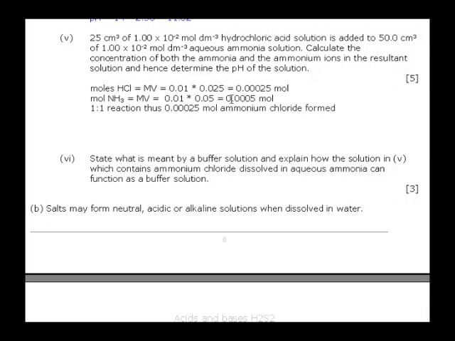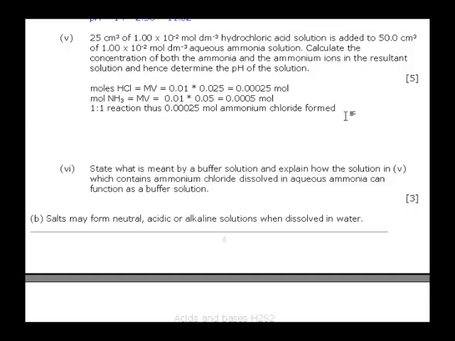And how much ammonia do we have left? Well, we have 0.0005 minus 0.00025, which gives exactly the same, and we have exactly the same moles of ammonia remaining.